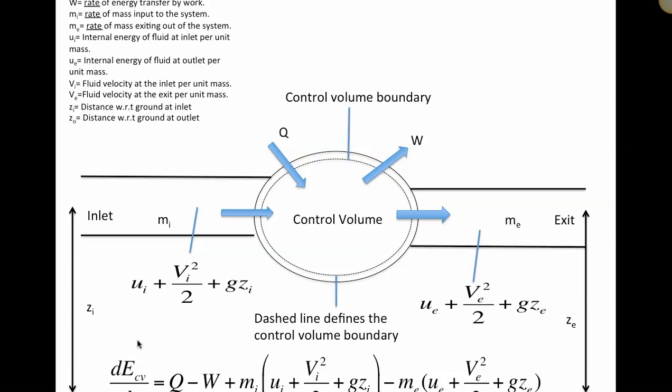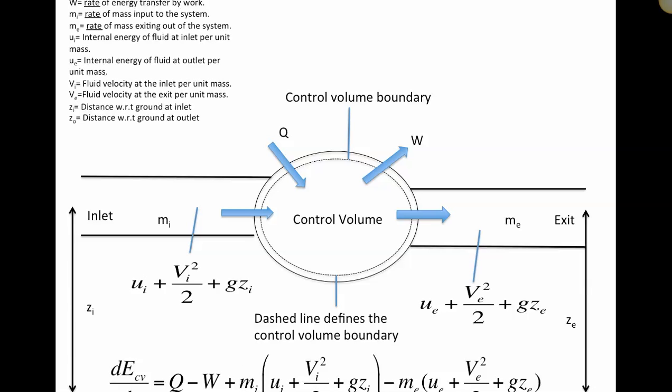So you have the rate of change of energy within the control volume, where CV represents the control volume. You have Q, you have W, the energy term of the incoming fluid, and the energy term of the exiting fluid. You have the mass of the incoming fluid.